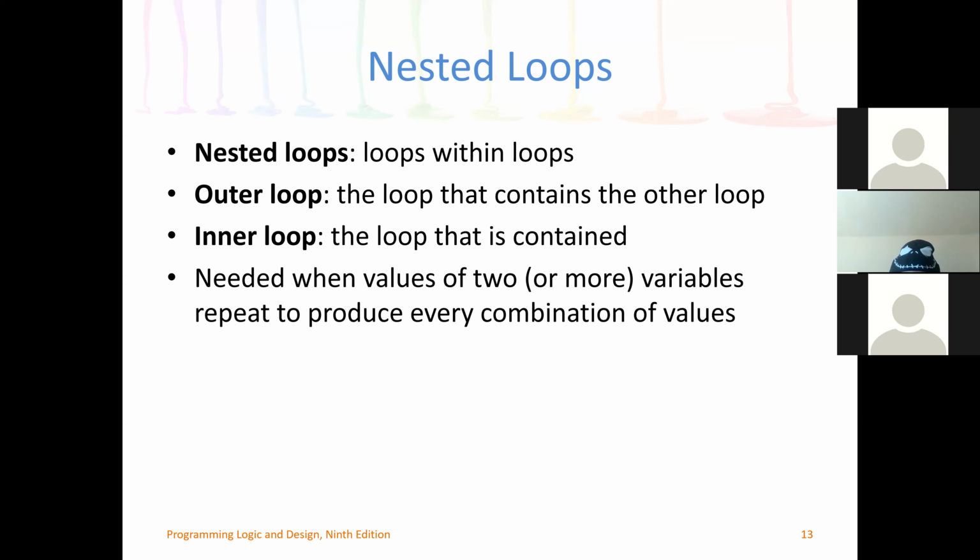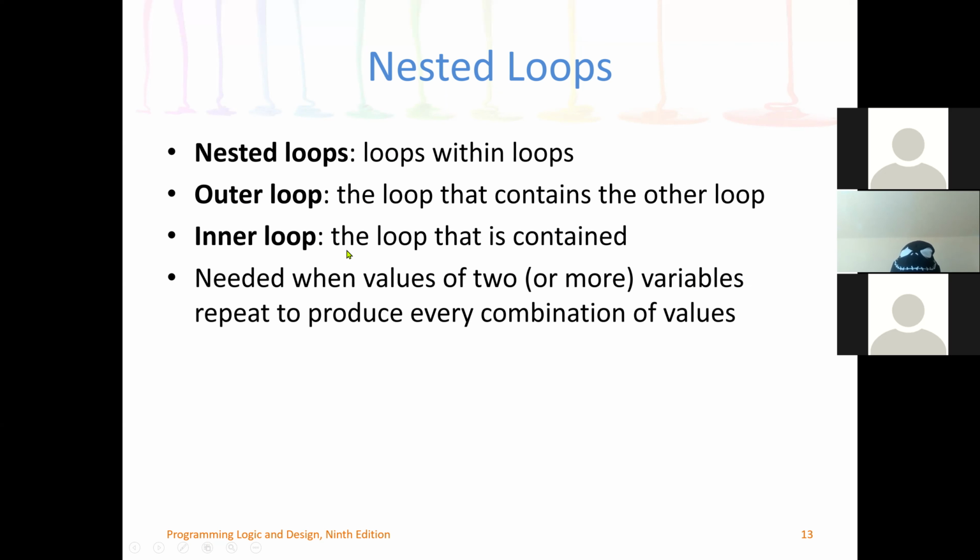So if the outside loop is false, you can't go into the inside loop. So again, the concept of nested loop means we have a loop inside another loop. And the outside loop is called the outer loop, the loop that contains the other loop. Then the inner loop, the loop that is contained, that's the loop inside. So anytime we are doing this, if the outer loop condition is false, we cannot even check the inner loop at all.